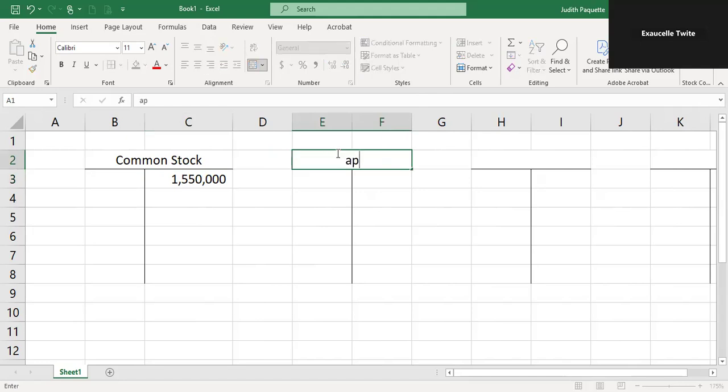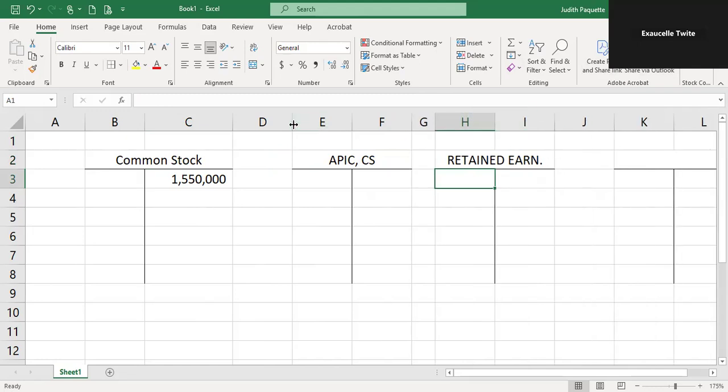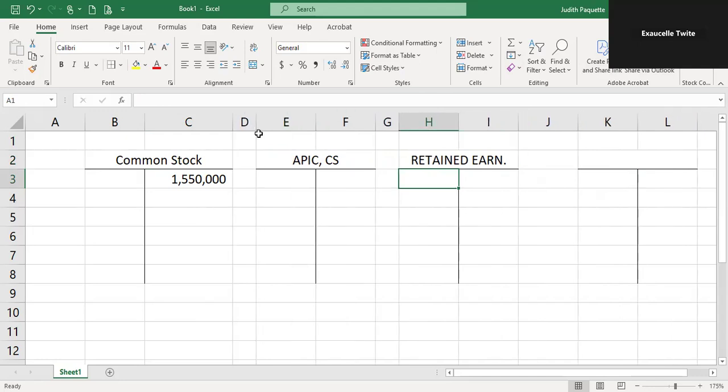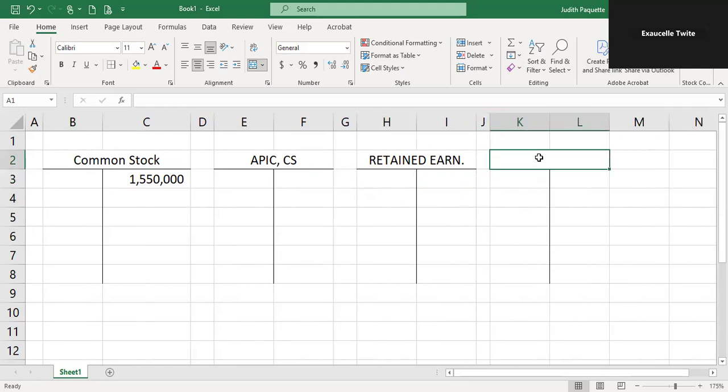I'm going to put this is a new account, this chapter, and then we're going to put retained earnings. I have a question. Is APIC the same thing as paid-in capital in excess of par value? That is correct. Just a shorter way to say it. All right. And in this case, we have treasury stock.